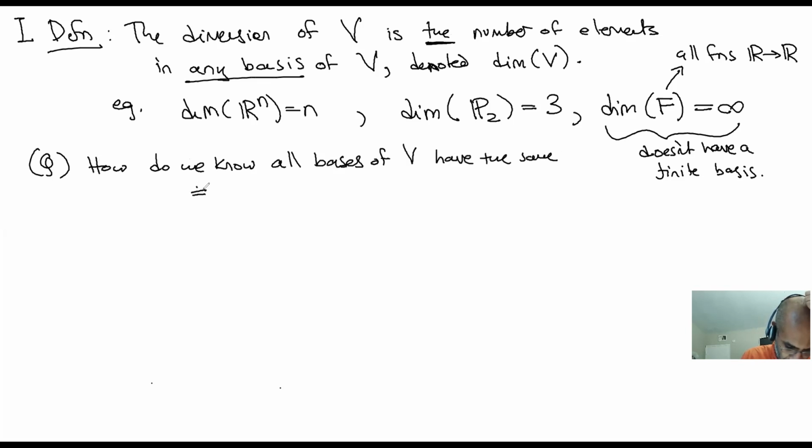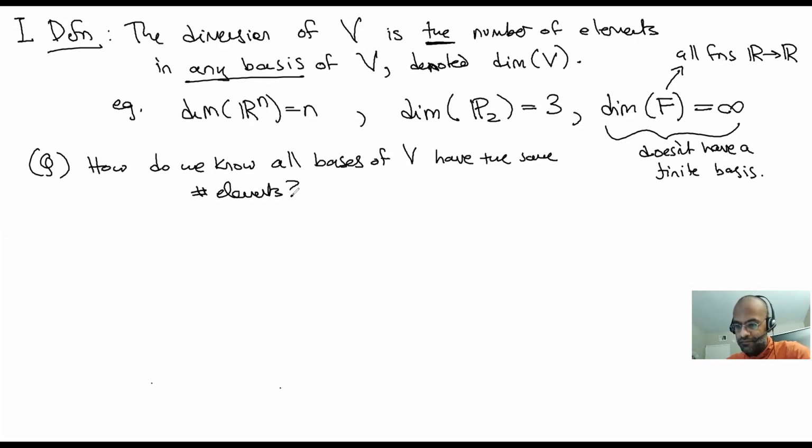There's nothing in the definition that says that they all have to have the same number of elements. Does that make sense? Yes, that makes sense. Thank you. Right. So let's now show ourselves why indeed they all have to have the same number of elements.